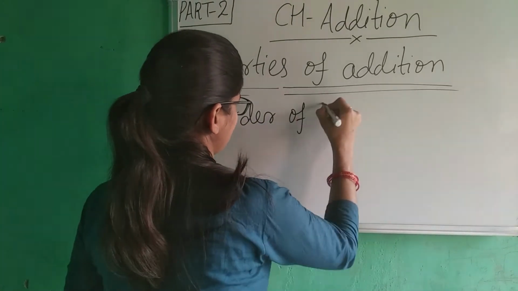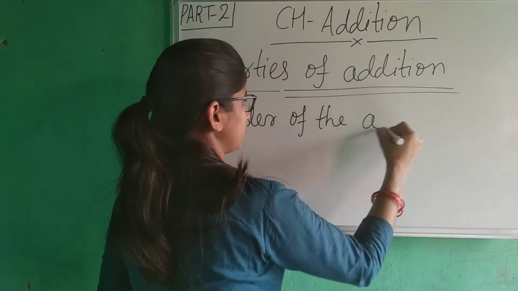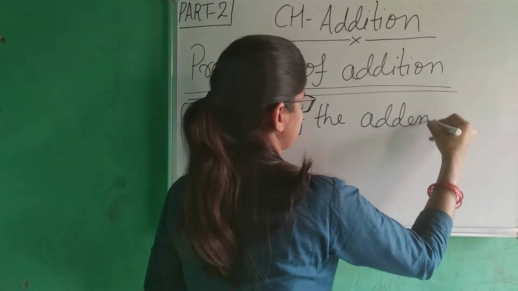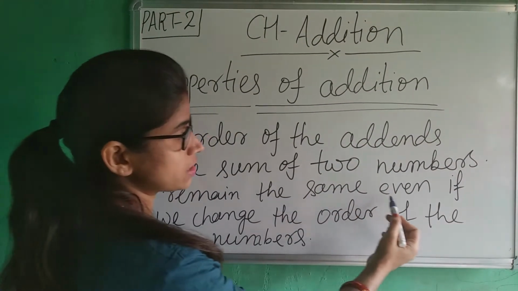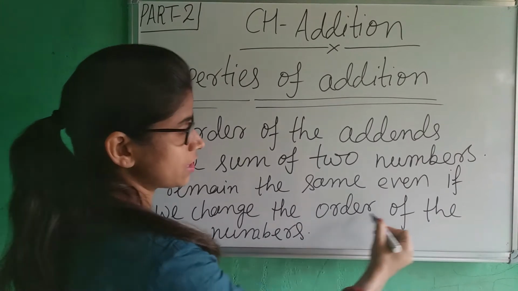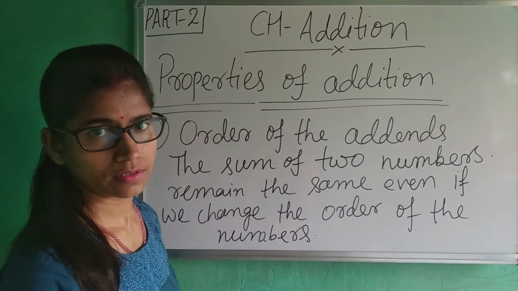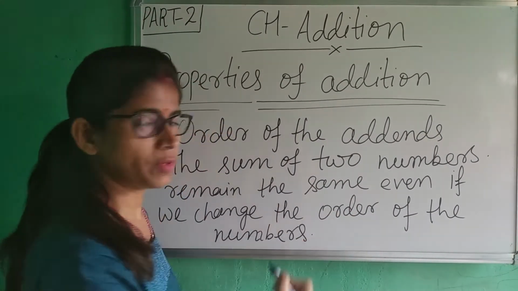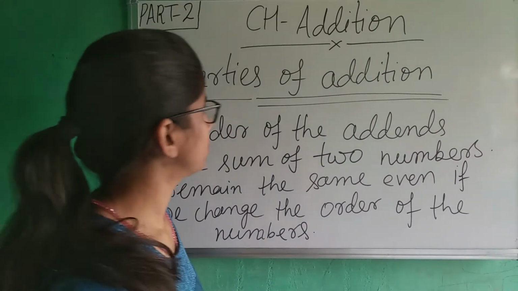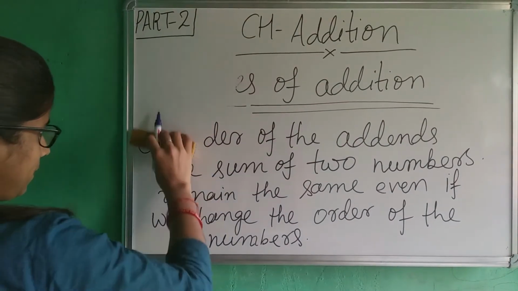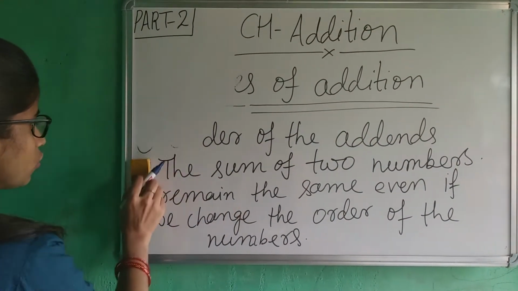The sum of the two numbers remains the same even if we change the order of the numbers. For this property, we'll take one example and understand clearly. Write all the properties in your notebook.